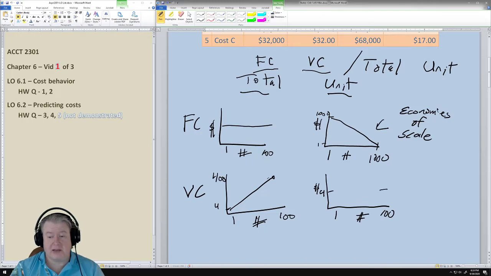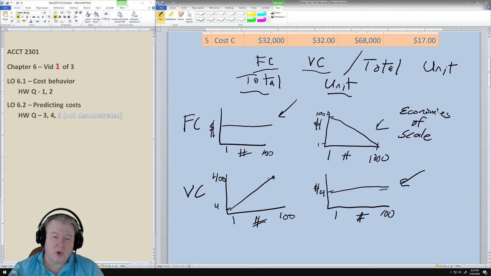Well, it also costs $4. So that would be a straight line. So these two items here, we're going to be using them to help us figure out things. The total fixed costs are the same for any production amount, as well as the unit variable costs are the same for any production amount.